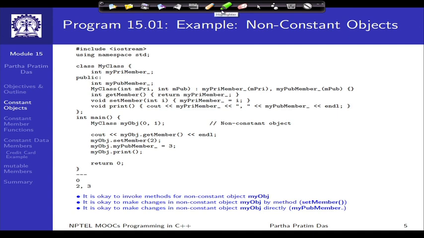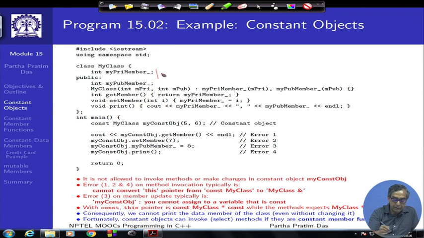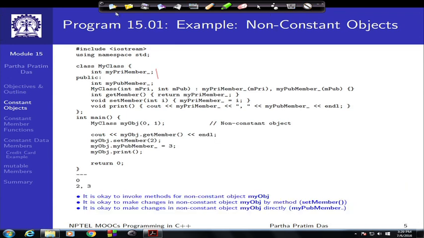Here is an example of a non-constant object. This non-constant object has a private member and a public member.